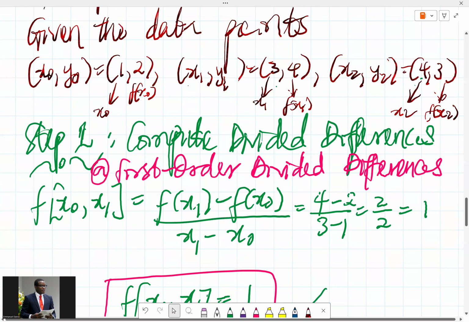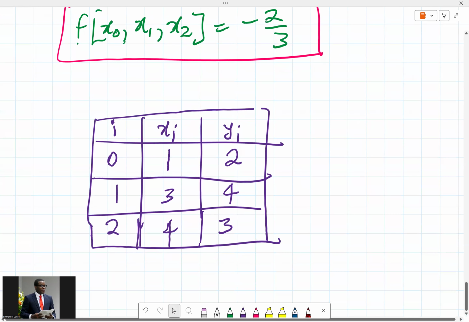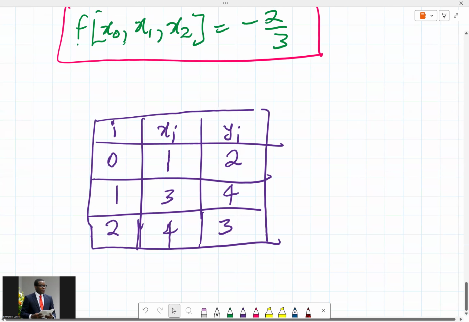Okay, with this now, we can do the first order differences. Let me extend the table.